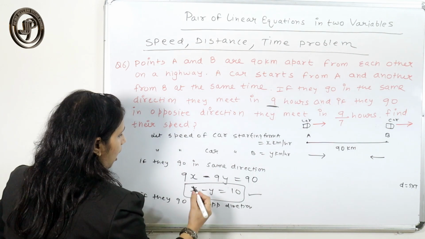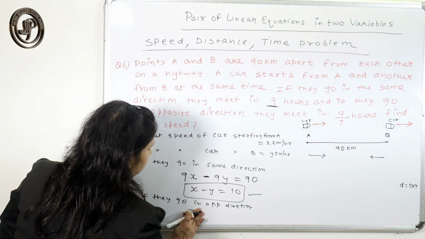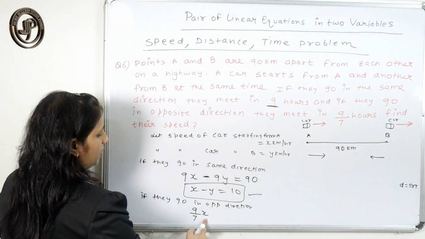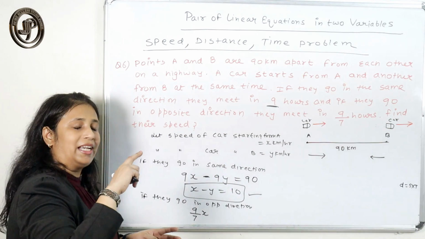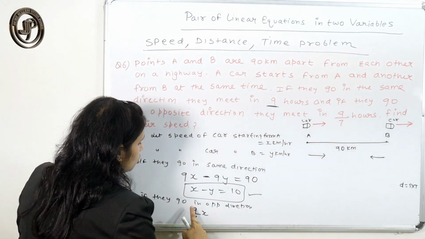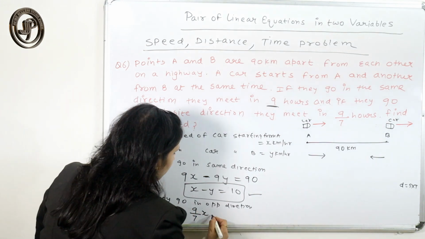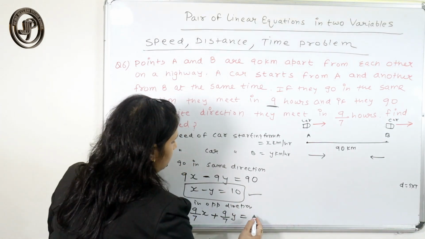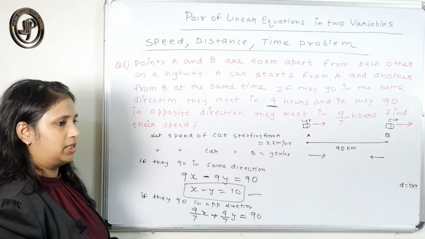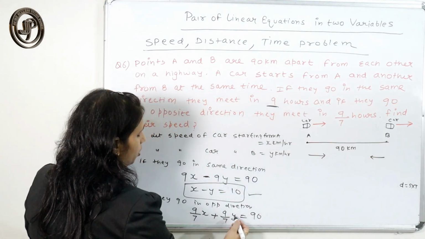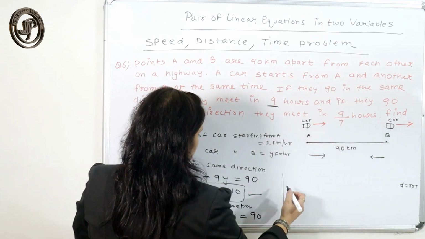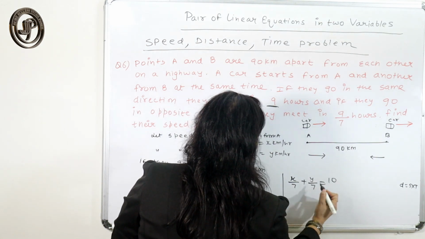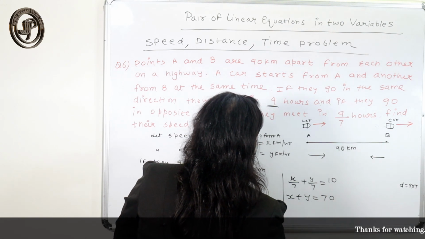The distance covered by the car starting from A is 9 by 7 into x, and the distance covered by car B is 9 by 7 into y, which equals the total distance, 90. Now if you divide this equation by 9, you get x by 7 plus y by 7 is equal to 10, or x plus y is equal to 70.